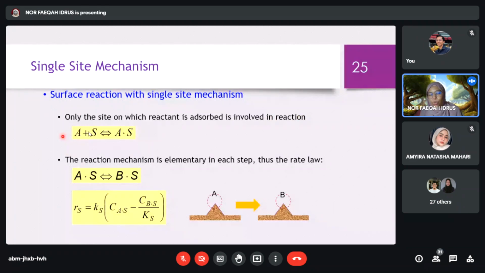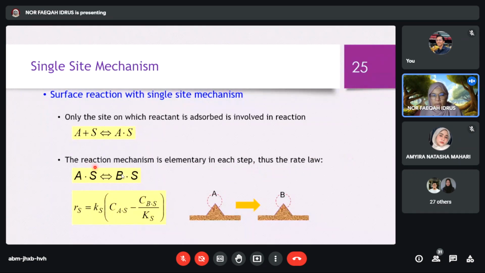That's why we need to look at the adsorption step first. So only the site on which the reactant is adsorbed is involved in the reaction. So A plus S produces adsorbed species A dot S. So the reaction mechanism is elementary in each step. So similarly, we consider it an elementary step.